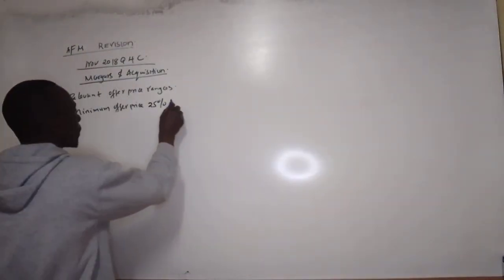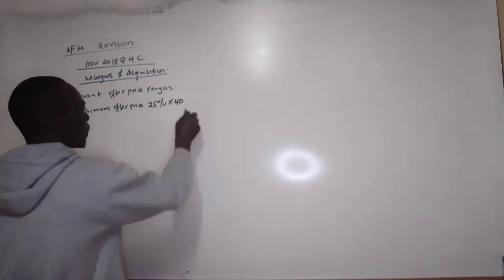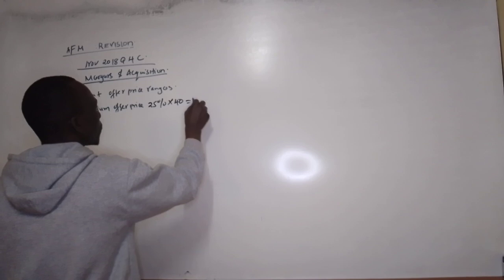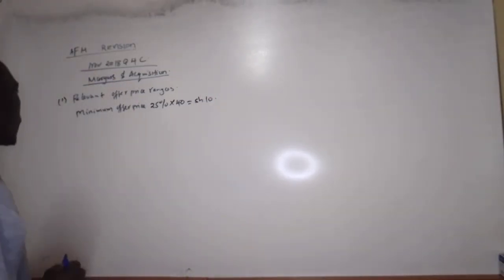So it is 25% multiplied by 40. In this case, you will get shillings 10. That is the minimum offer price.